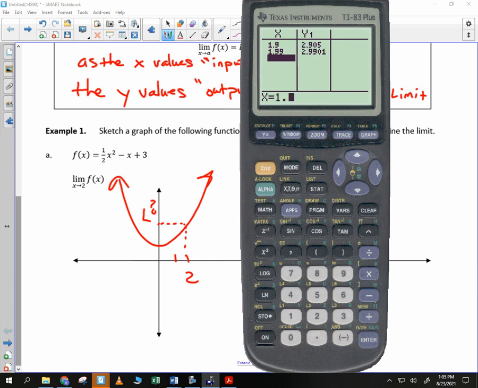How about 1.999? How about 1.9999? Can you see that the x values are getting closer to 2? What's happening to the y values? They are getting closer to 3, aren't they? And so therefore we could say that the limit of this function is equal to 3.